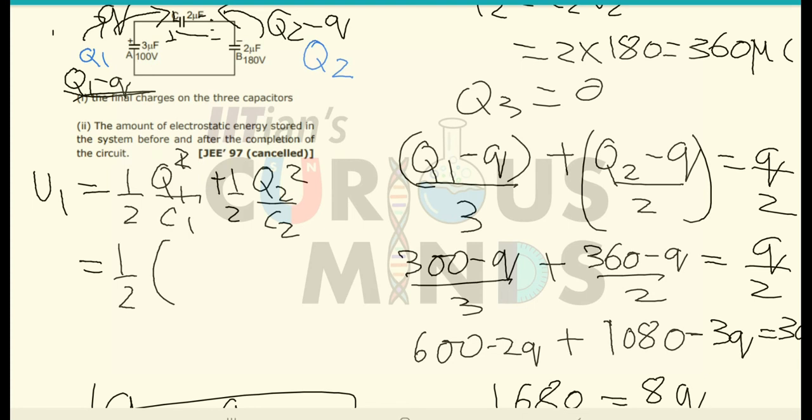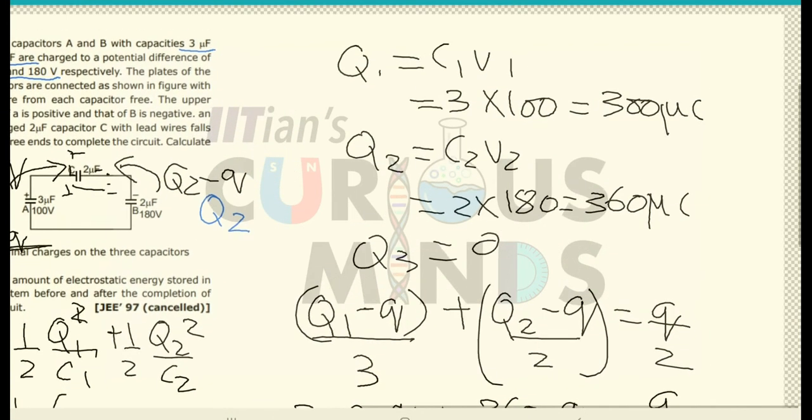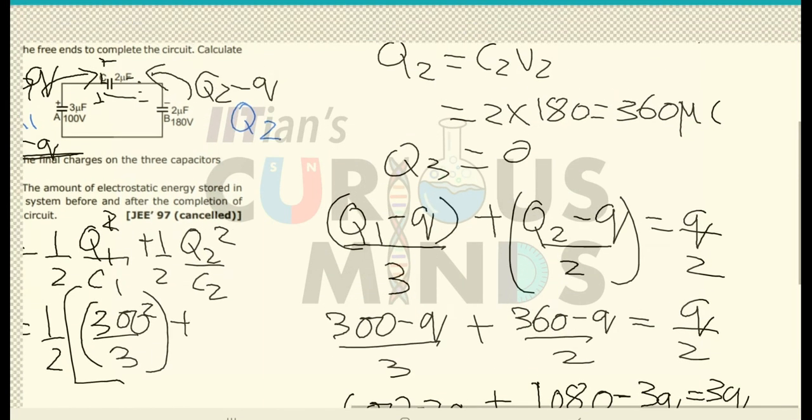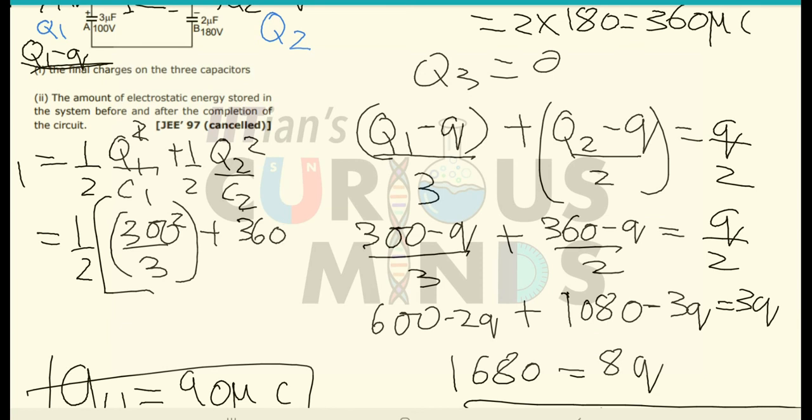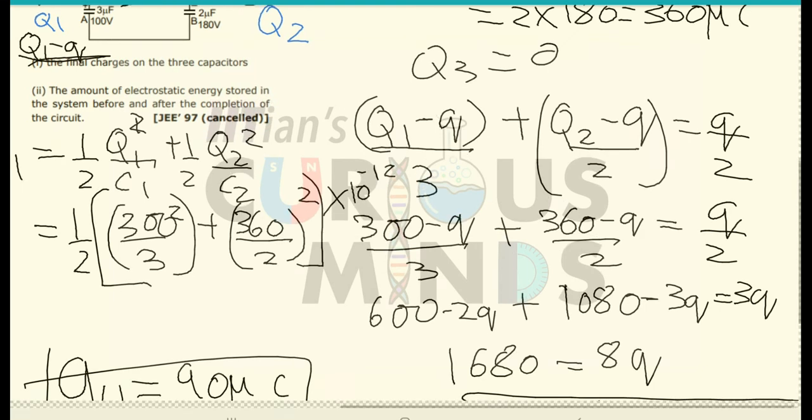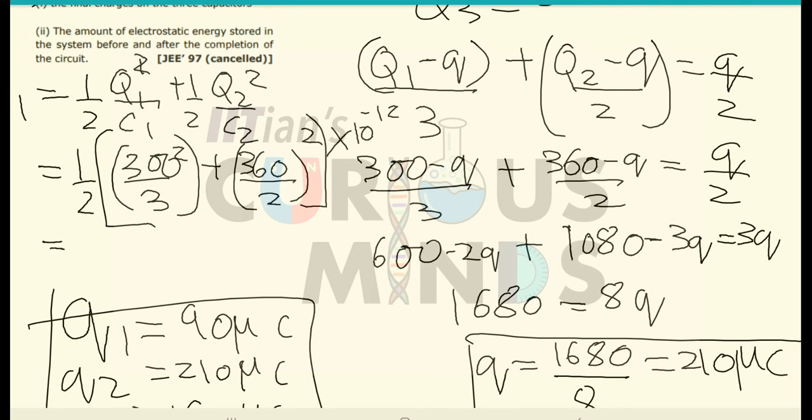Q1 is 300 microcoulomb, so it will be 300 square divided by 3 plus 360 square divided by 2, into 10 raised to minus 12, since it is in microcoulomb. The 2 is in the denominator, not in the square part.